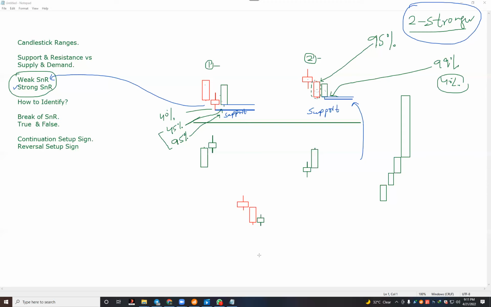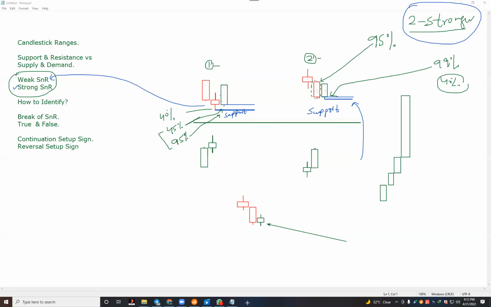I think they are equal at this point. Well, okay, the buyer is strong, because the sellers have 95% power. What is the size of the buyer candle? It does not matter, but this candle is stronger. It has more power.